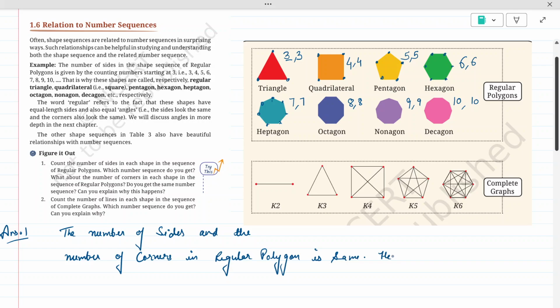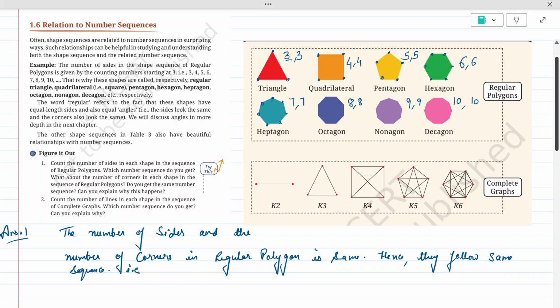Hence, they follow the same sequence. Okay, they will follow the same sequence.